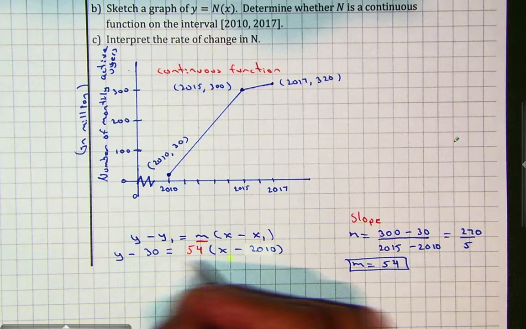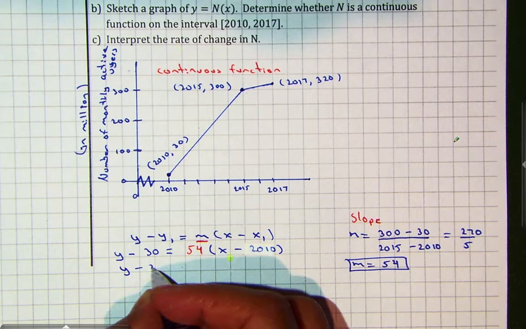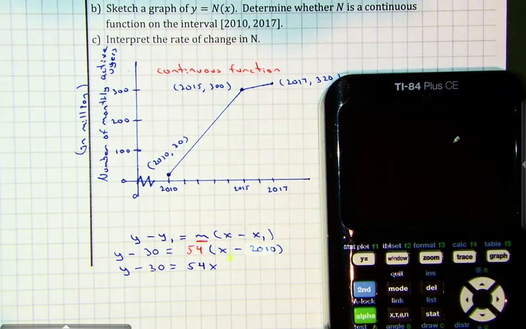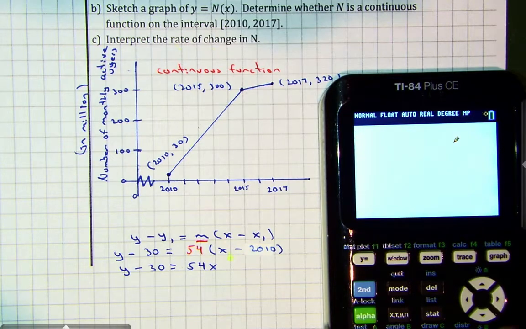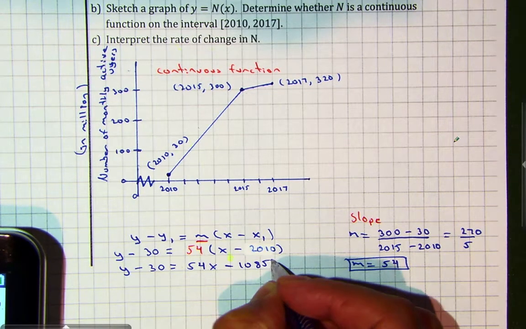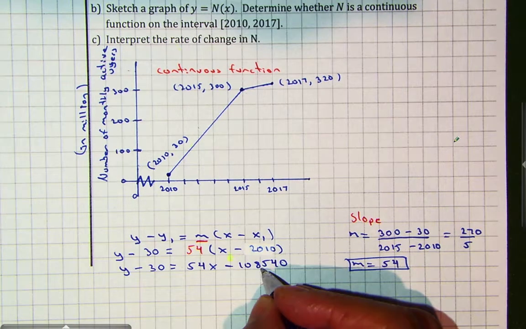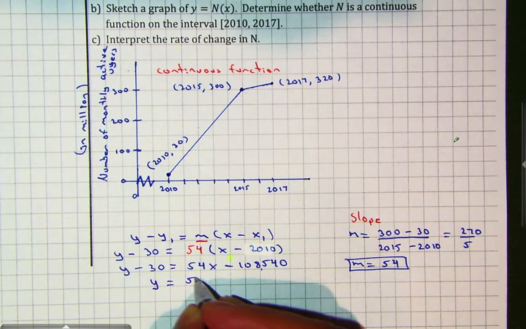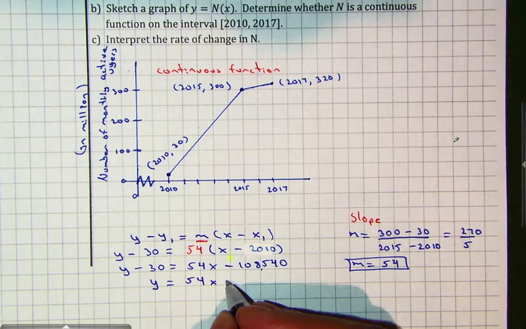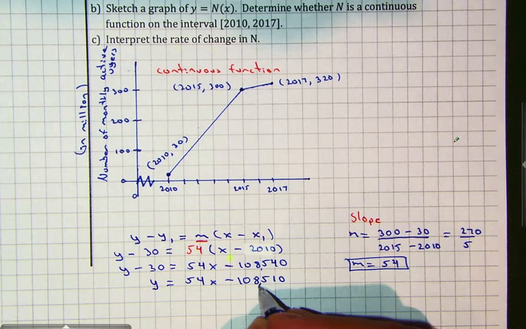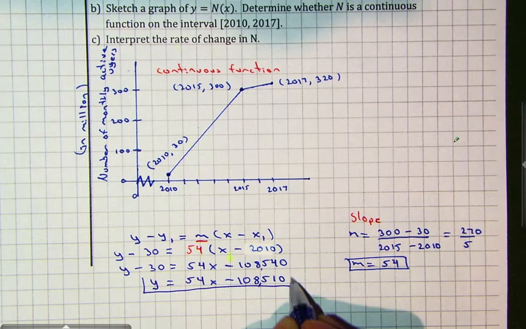So I'm going to use my distributive property, and I'm going to use a calculator because the numbers are a little large. 2010 times 54 will give us 108,540. Move my 30 to the right because it's positive, so y equals 54x minus 108,510. So that is my first equation for my first piece.